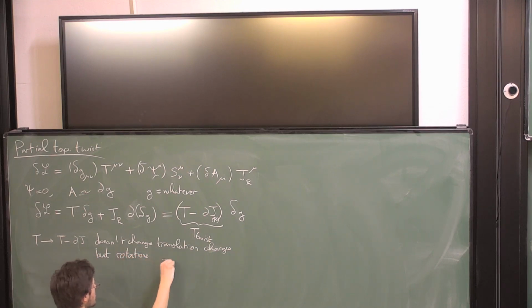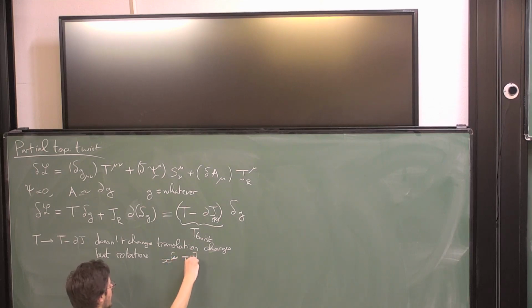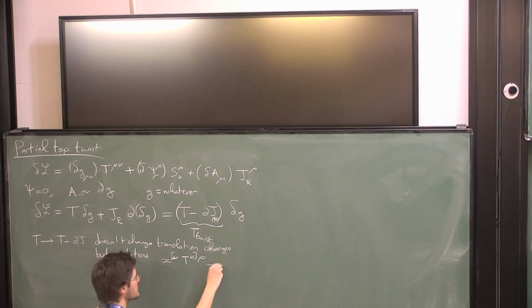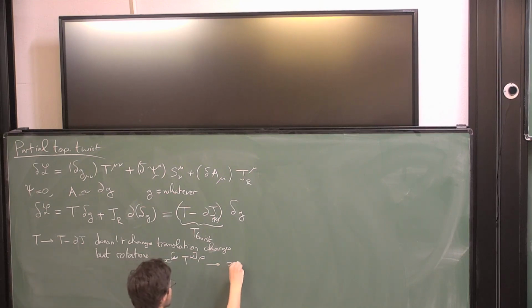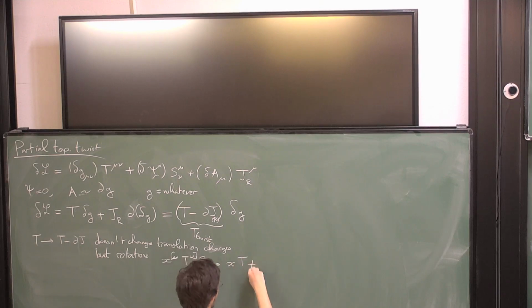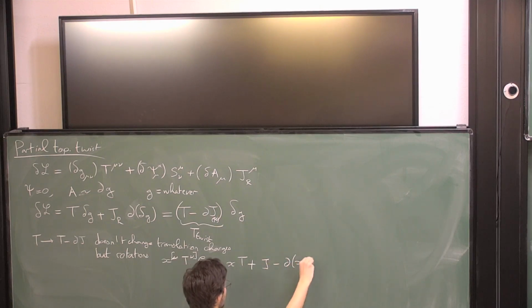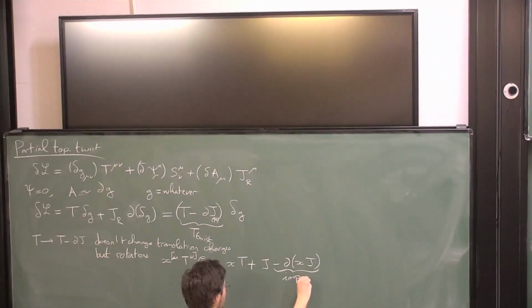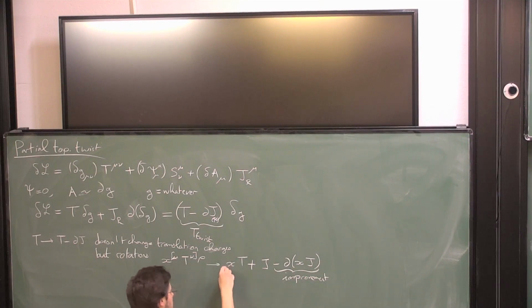The process for rotations is something like this: T nu rho, and the rotation in the nu plane has this current. And so this changes to, schematically, something like this, where this is just an improvement, and this is the old rotation, and this is mixing it.